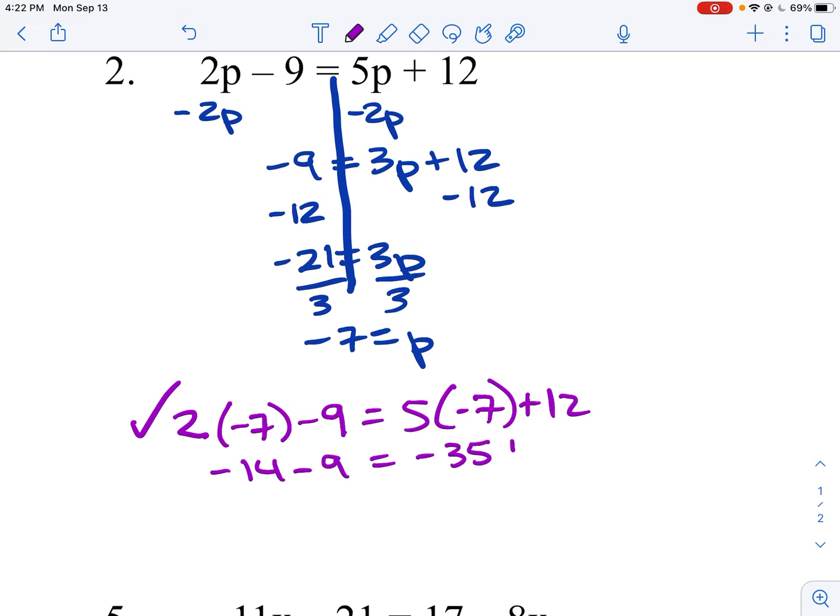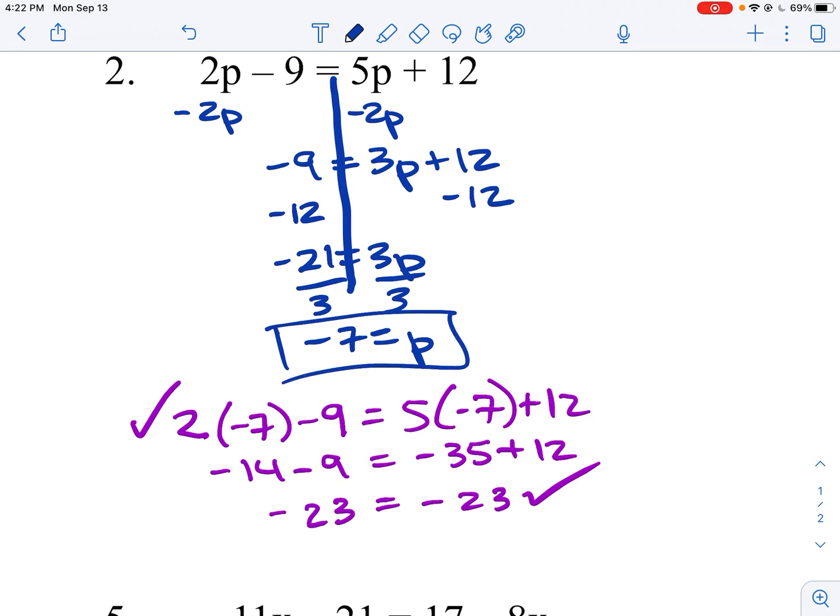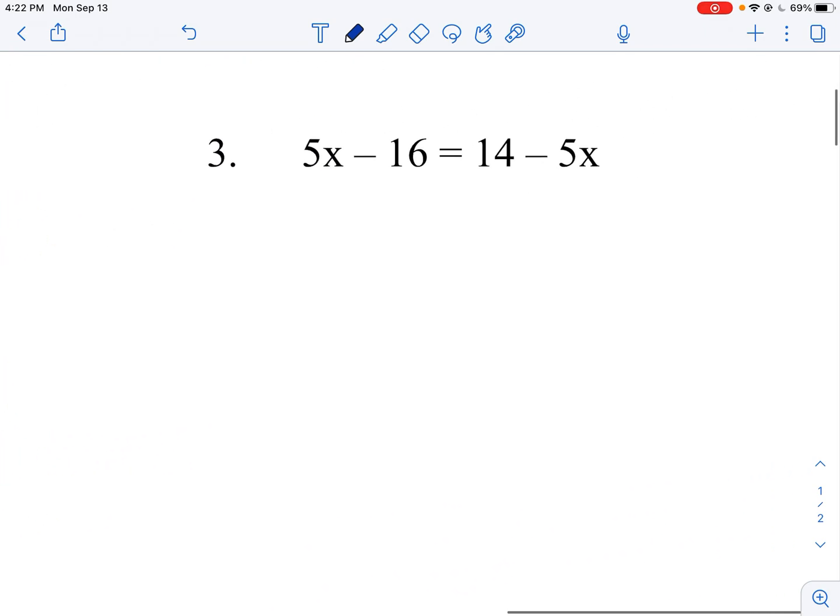So negative 14 minus 9, negative 35 plus 12. This is going to get me negative 23, and this is going to get me negative 23. Look at that, it works perfectly. So yes, this is my answer.